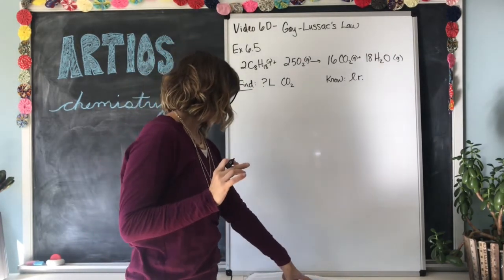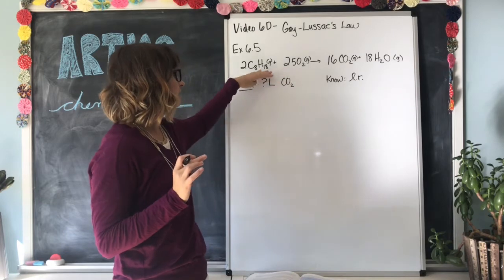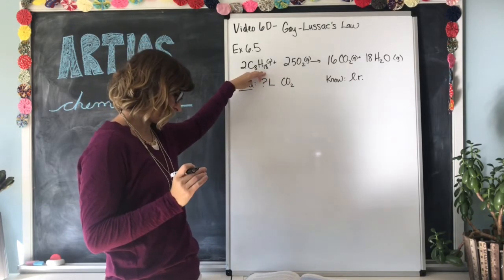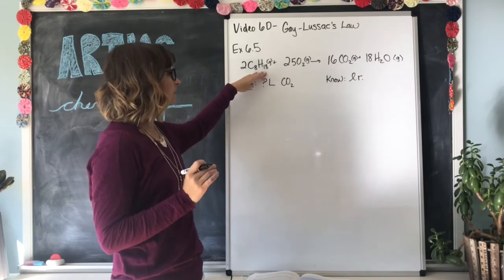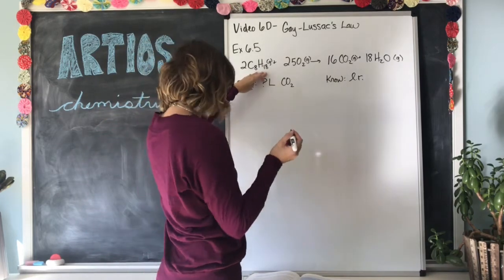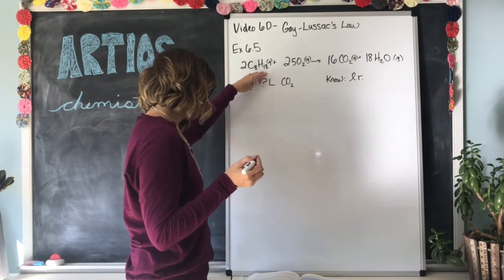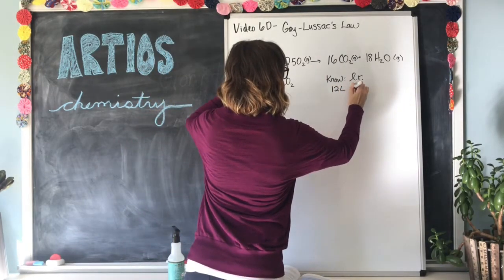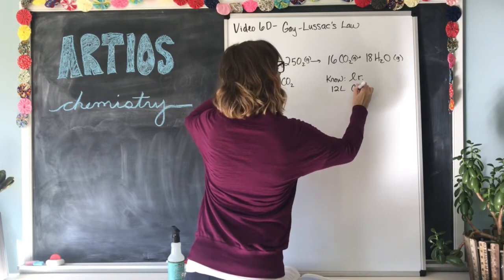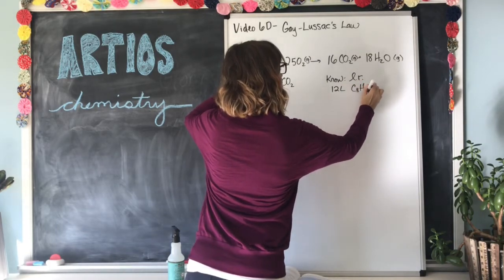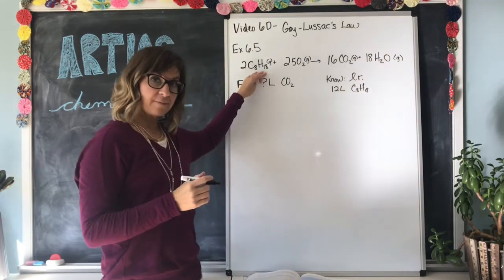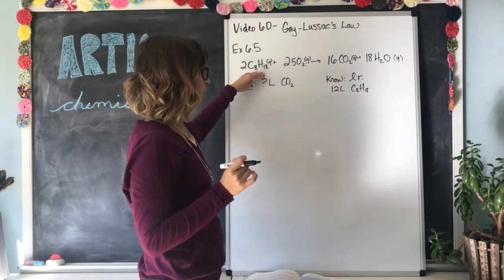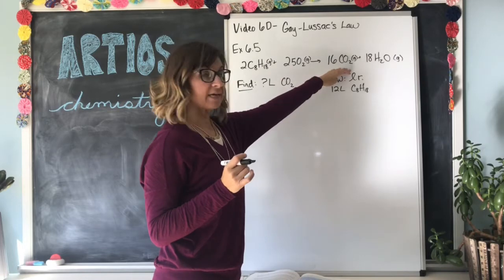The problem told us that oxygen was in excess, so the gaseous octane must be the limiting reactant. And it told us how much we have of it. We have 12 liters of C8H18. Okay, so we are going to be converting from this octane to carbon dioxide.